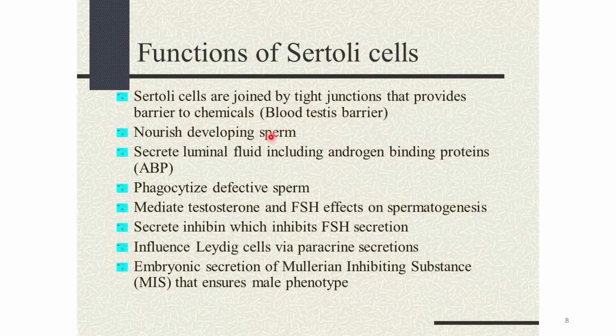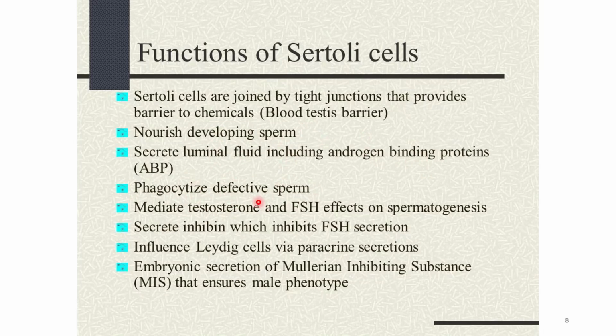They nourish the developing sperm, so they have a nutrition function and even a metabolic function to the sperms. They secrete luminal fluids, including the androgen binding proteins. Then they phagocytose the defective sperm, so they have that function of phagocytosis.